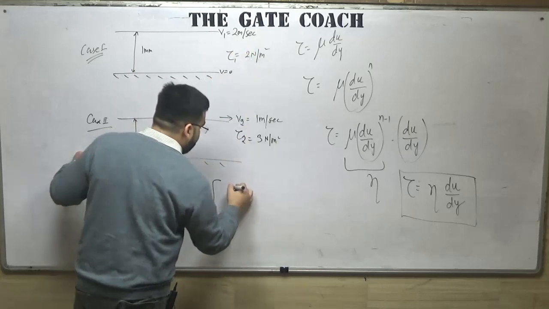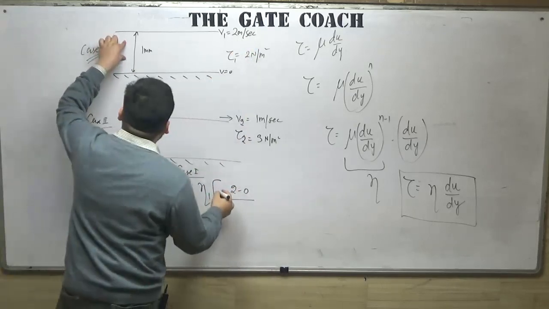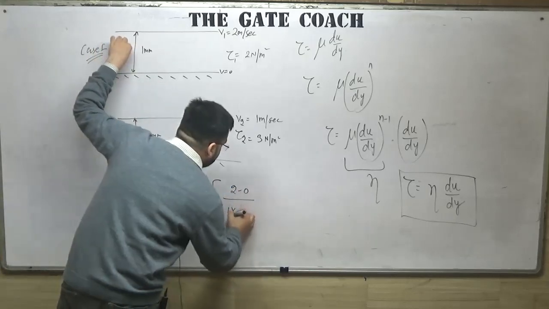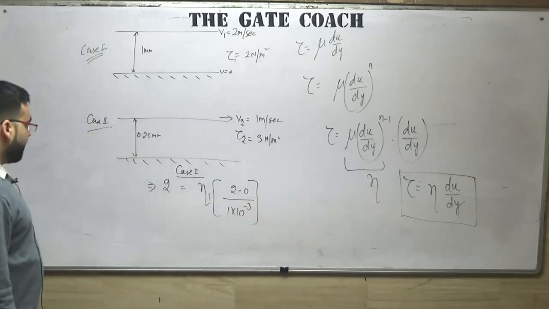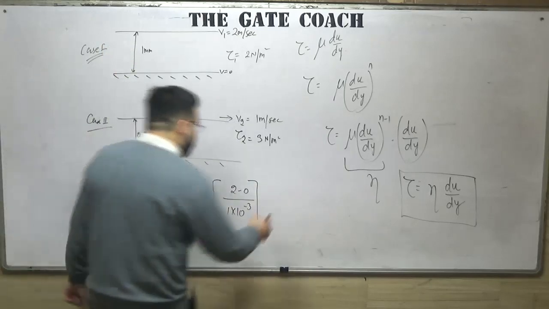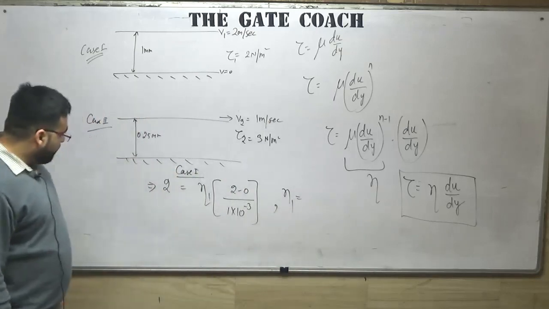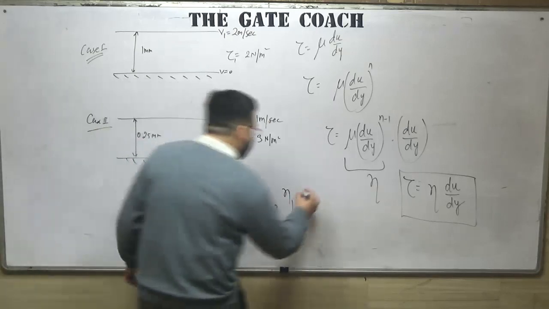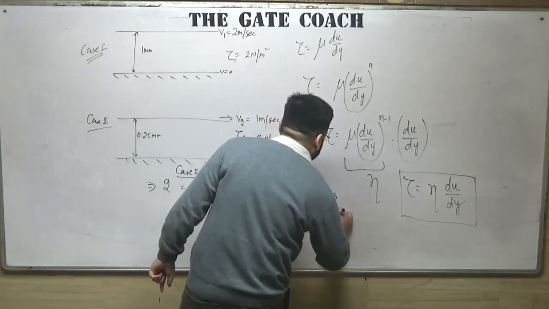So du is 2 minus 0, divided by this gap, which is given in mm, so in meters it will be 10 raised to power minus 3 meter. How much will this eta 1 be? The 2 will get cancelled out, so eta 1 will be 10 raised to power minus 3 Newton second per meter square.